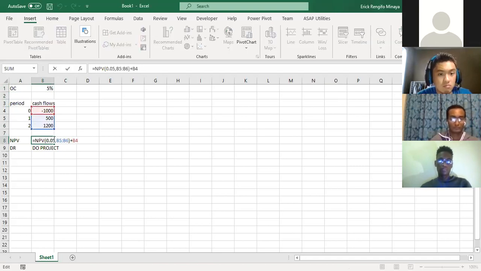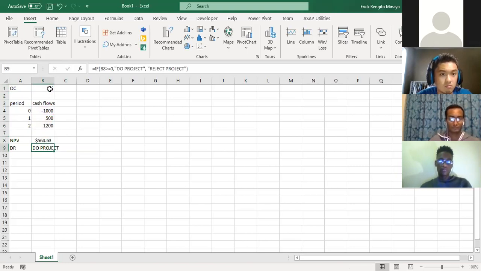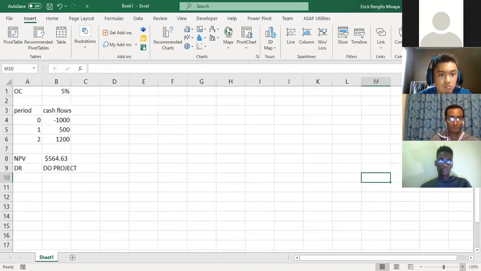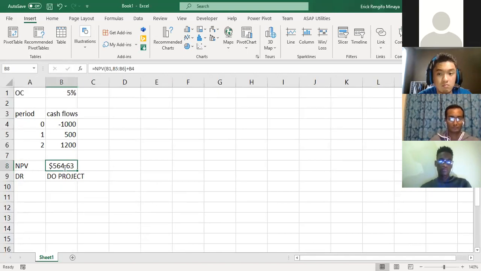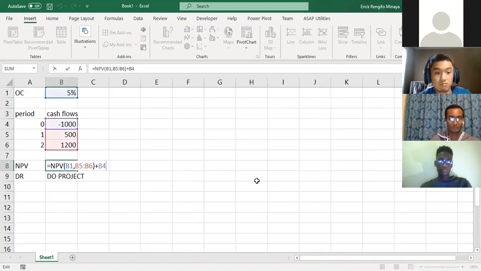Instead of this 0.05, just block this one here and click on 5% here. So the formula is going to be this one. Let me enlarge this one so you can have a better view. You see that, guys?